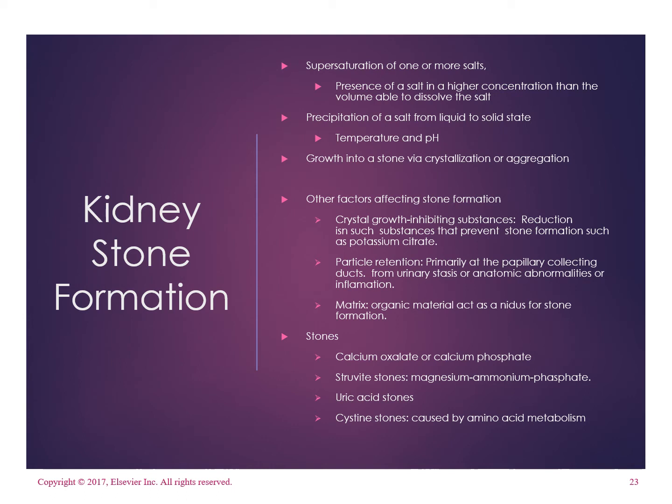Let me get through this slide. The stones can be from calcium oxalate or calcium phosphate. There are struvite stones, which are magnesium ammonium phosphate. There are uric acid stones, usually in people who have high nitrate diets.